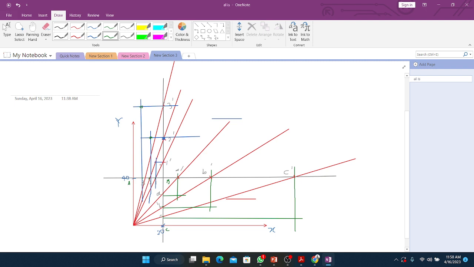Now you can draw manually, otherwise you can use a flexible ruler to draw this curve. Now you can connect these points.